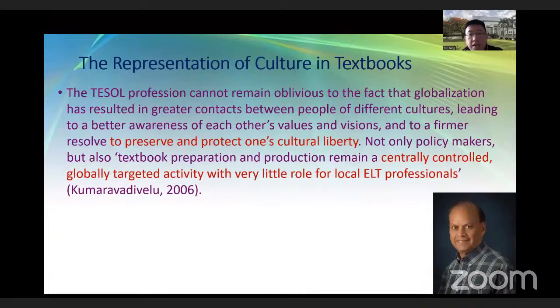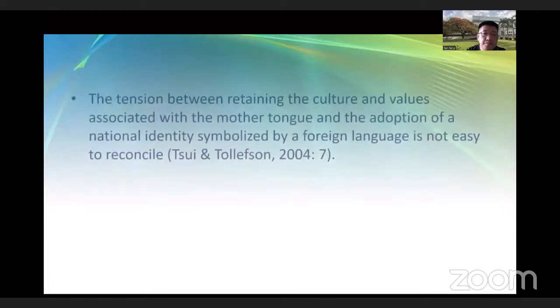And also, we recognize linguistic awareness, linguistic liberty as well. Okay, the people's complex multilingual linguistic repertoire as well. So not only policymakers, but also textbook preparation and production remain a centrally controlled, globally targeted activity with very little role for local ELT professionals.